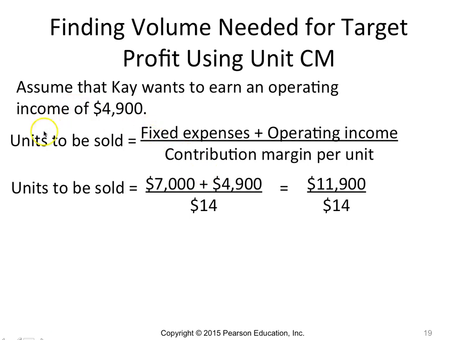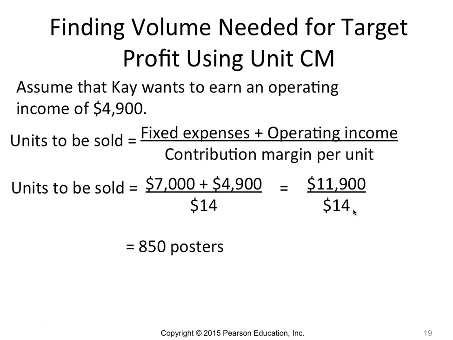And so we put it all together. There's a formula here: units to be sold equals fixed expense plus operating income divided by contribution margin per unit. And here we get 850.